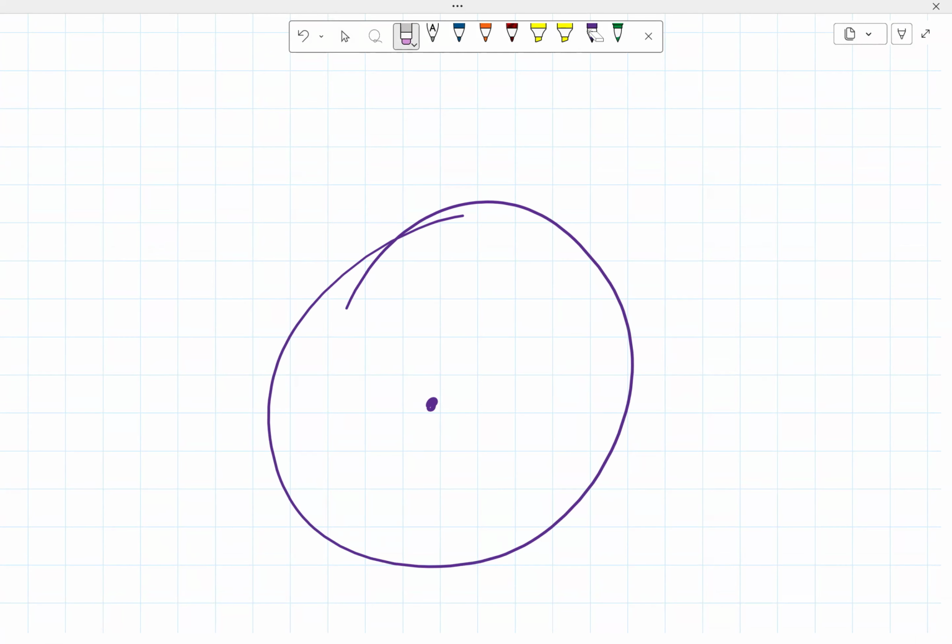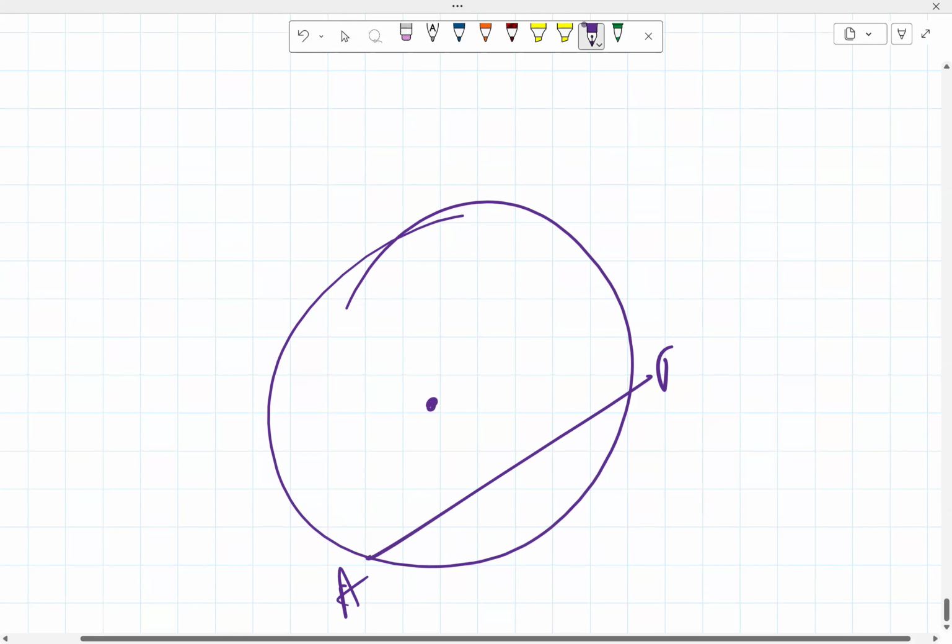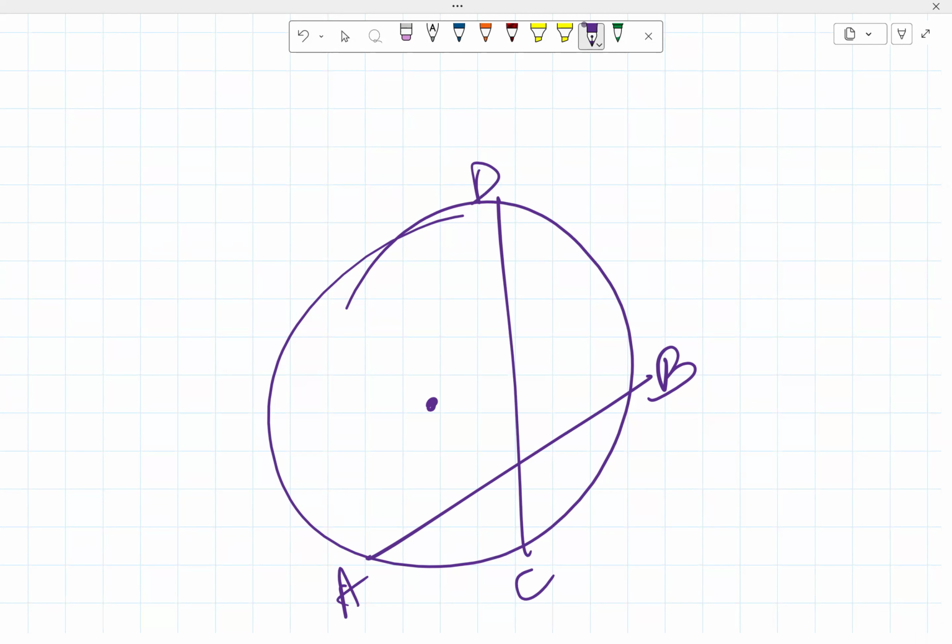So chords AB and CD intersect. Imagine you have a chord AB, and you have another chord CD intersecting. Chords AB and CD intersect at point X. This is the center O.